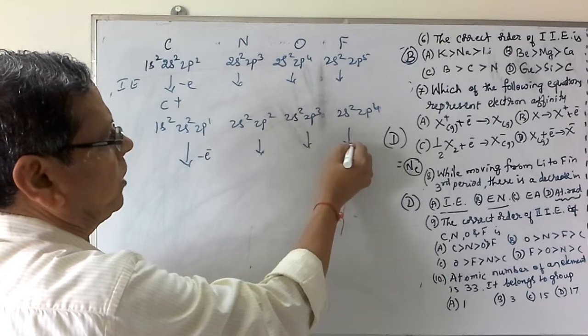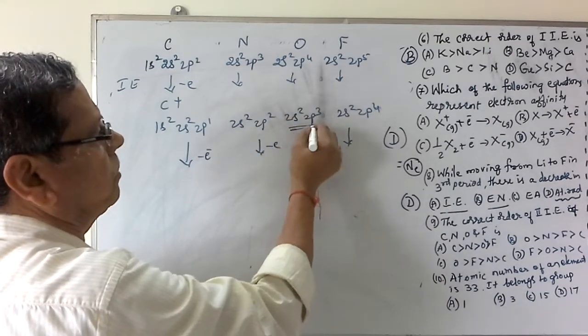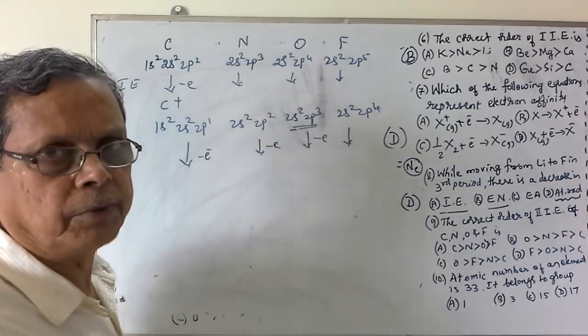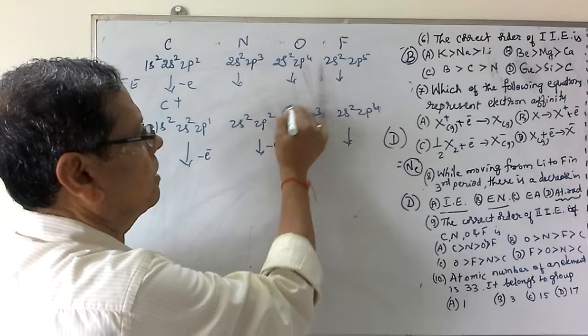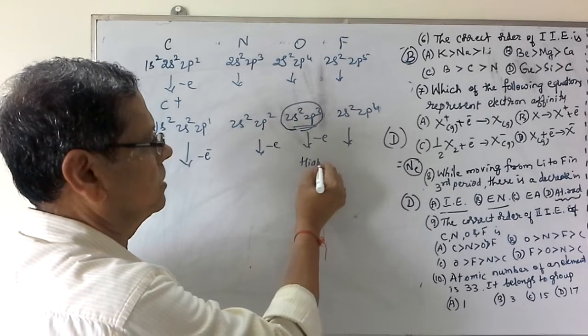just observe the configuration. The configuration for oxygen with one positive charge has 3 electrons in the p orbital. That's why this is a stable configuration, and that's why it requires the highest second ionization energy.